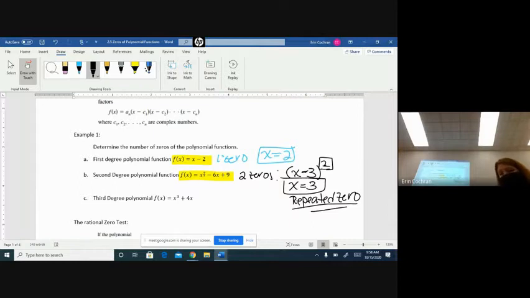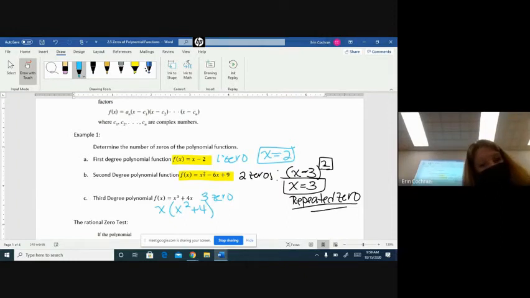All right, third degree polynomial. Roughly how many answers do we have? We have 3, right? Because my exponent is 3. My degree is 3. So how would I factor this one? Take out an x, and what would I be left with? x squared plus 4, right?